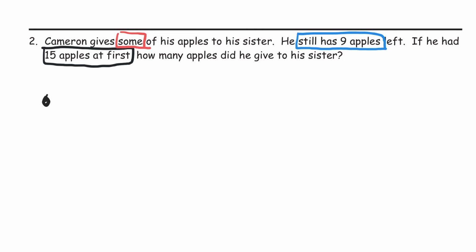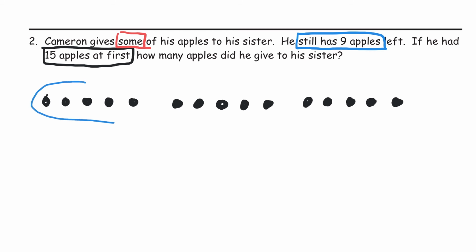Okay, 1, 2, 3, 4, 5, 6, 7, 8, 9, 10, 11, 12, 13, 14, 15. Okay, so there are 15 apples, and we know that he has 9 left. So I'm going to circle that up here. So here's what we know he has left. I'm going to label that left.